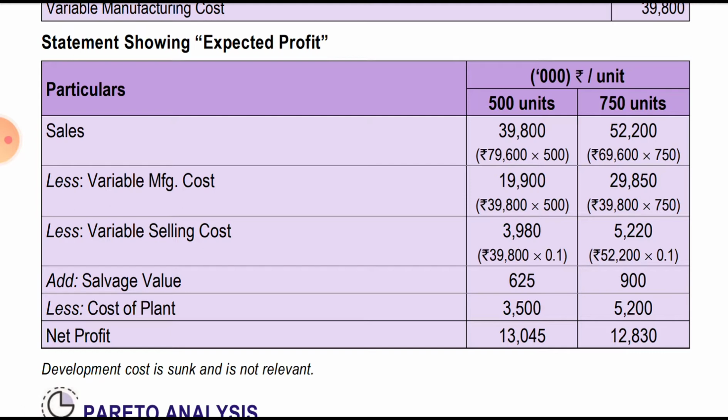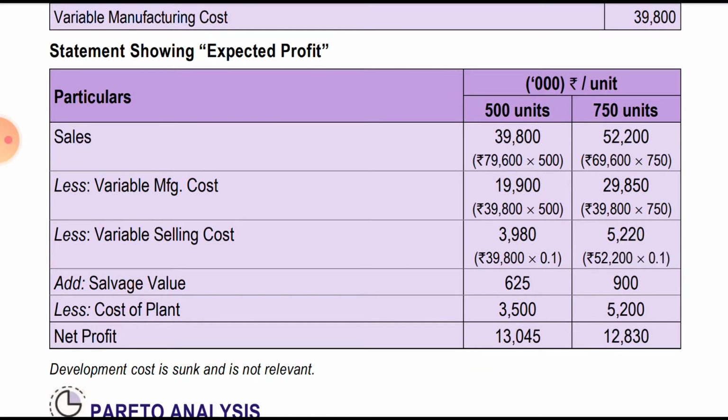If we do 500 plus 50%, it amounts to 750. So from a non-financial angle it is better to increase the capacity, even though we are earning a little less, but it is not much less, just a little difference, from 13 lakh to approx 12 lakh 80,000.